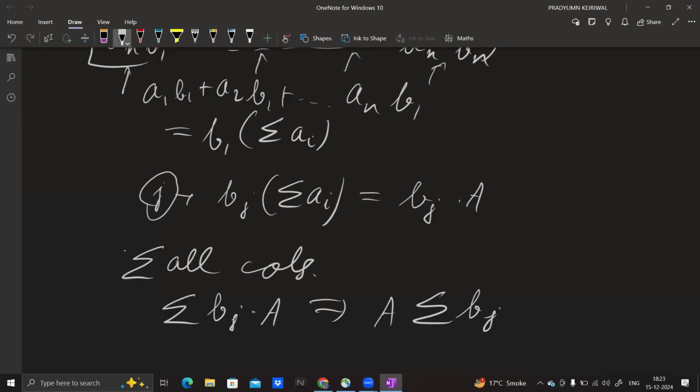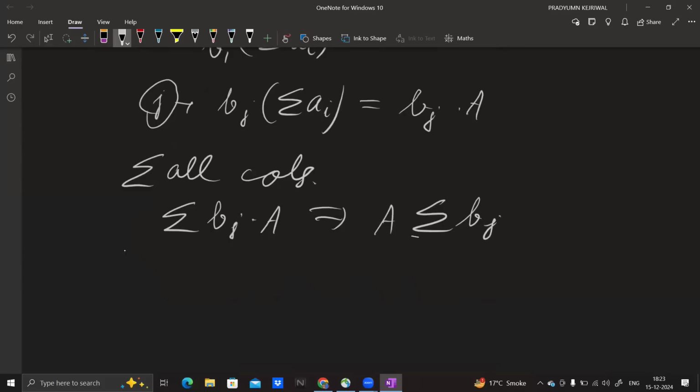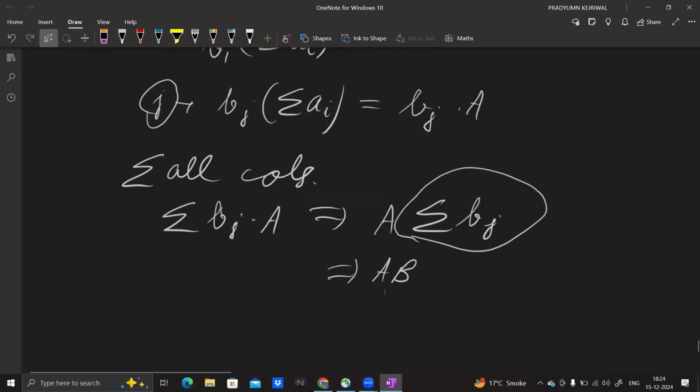So it is the sum of bj, which is the sum of elements in b, and it becomes A into B. Is it clear up till here? Yeah, sum of a into sum of b.